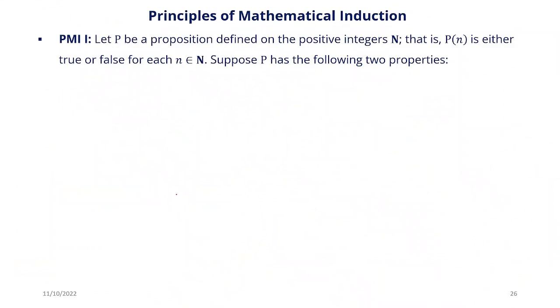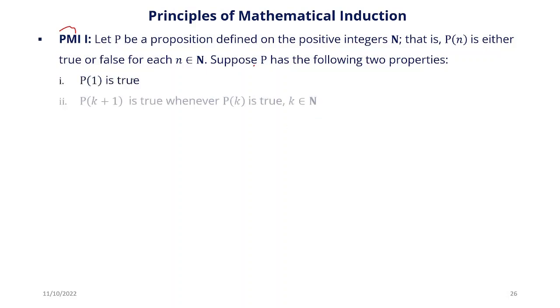Before we go, we'll look at the principles of mathematical induction. We'll look at two principles. So we say PMI, principle of mathematical induction 1. Let P be a proposition, that is a statement put forward, defined on the positive integers n, such that P(n) is either true or false for each n in N. Suppose that P has the following two properties.